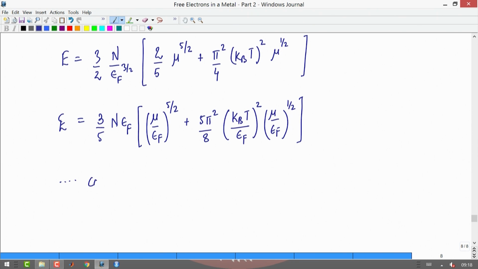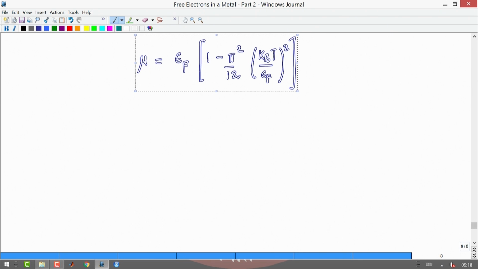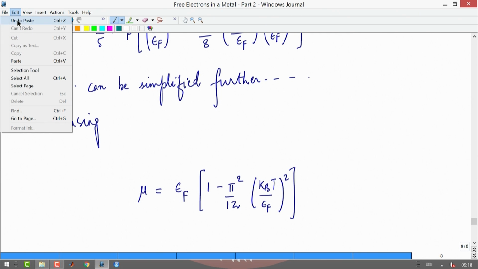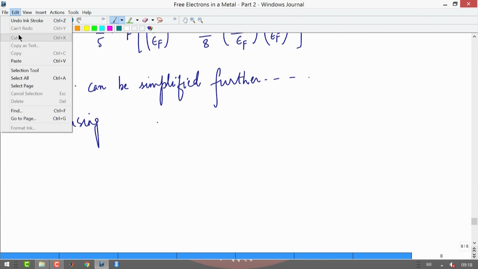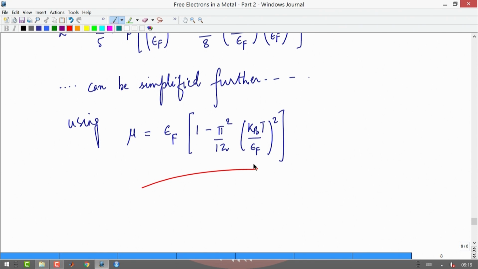This can be simplified further using my already derived expression for the chemical potential. So, I am going to use this definition of the chemical potential. Okay. So, this nice definition of the chemical potential comes to our use.